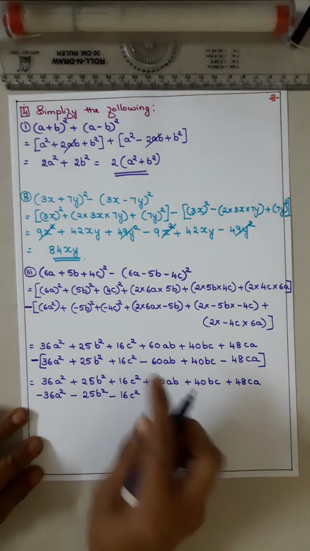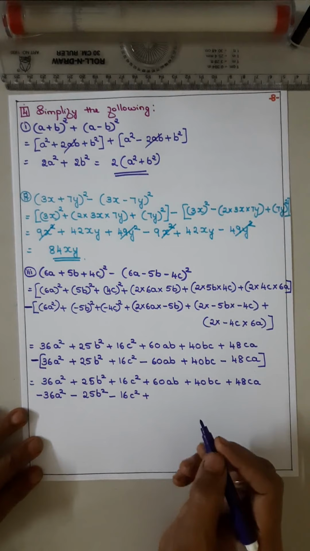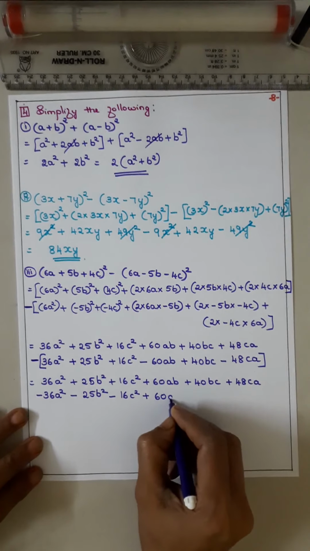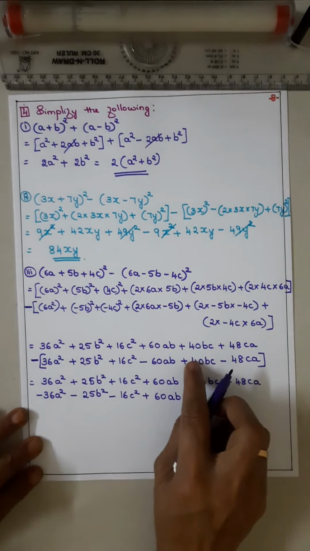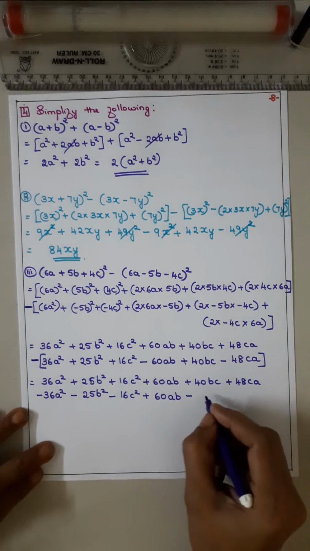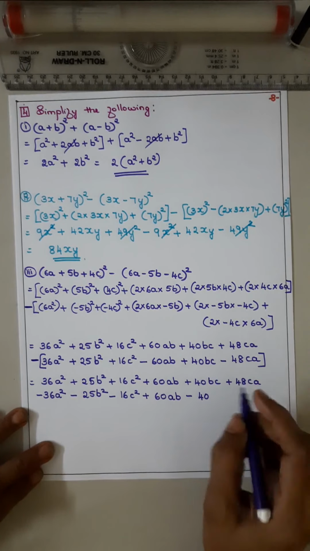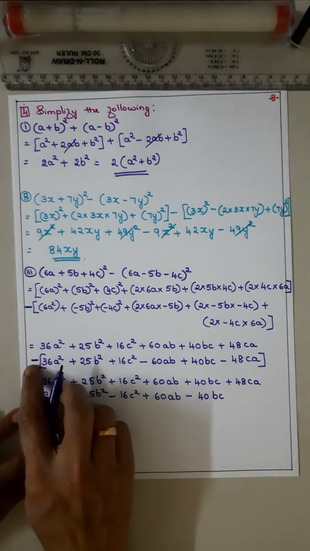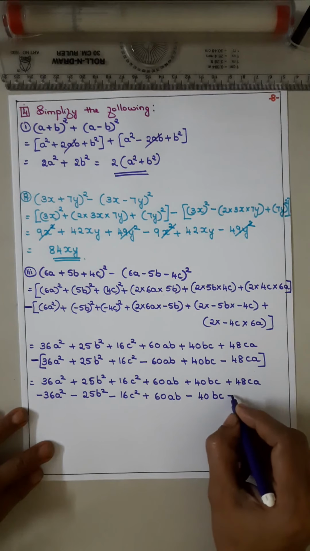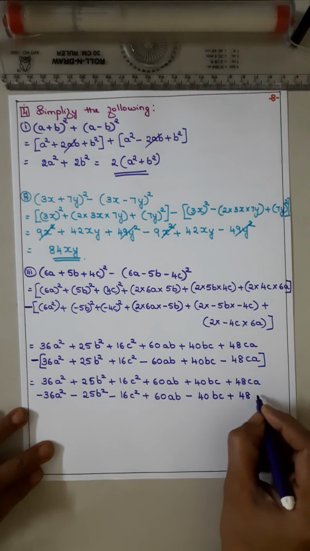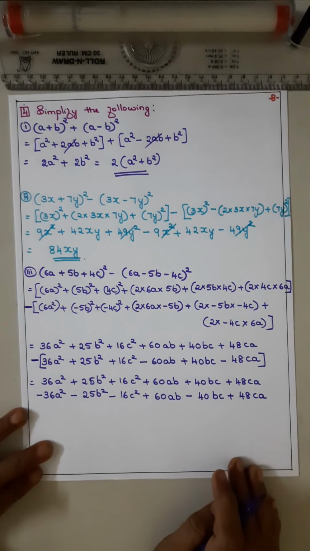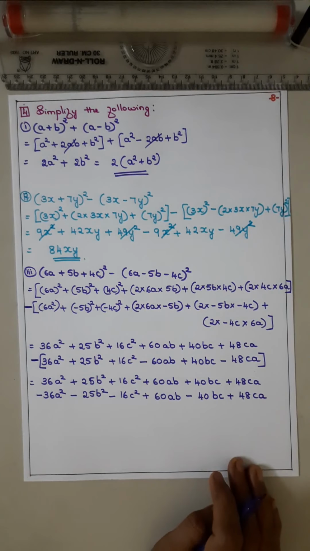Now minus of minus plus 60ab minus of plus minus 40bc minus of minus plus 48ca. Hope everyone is understanding.